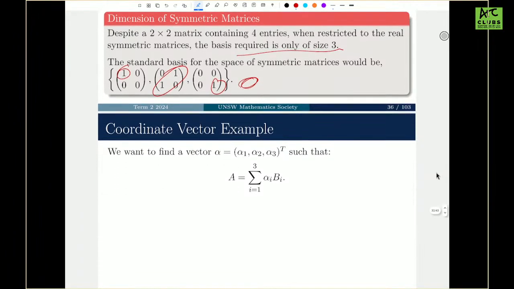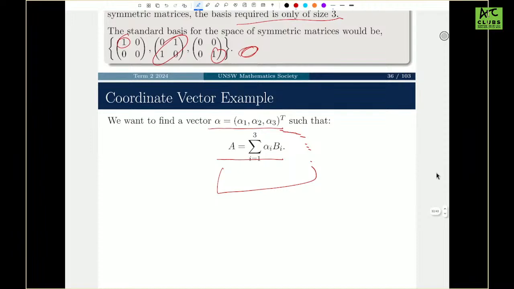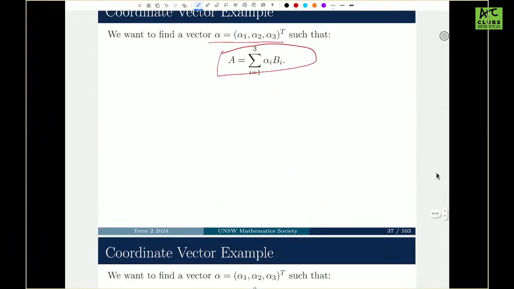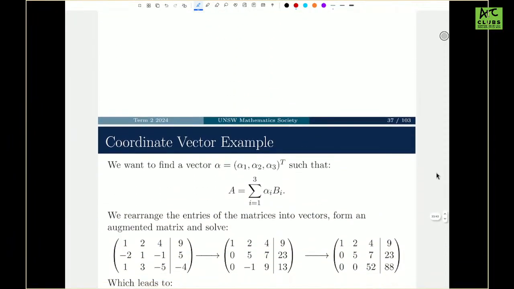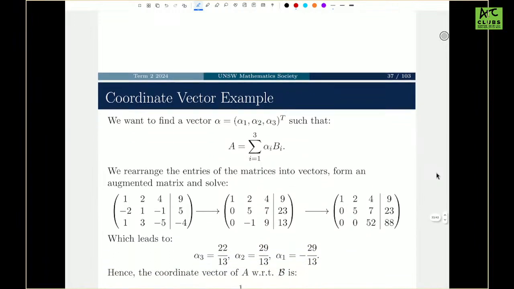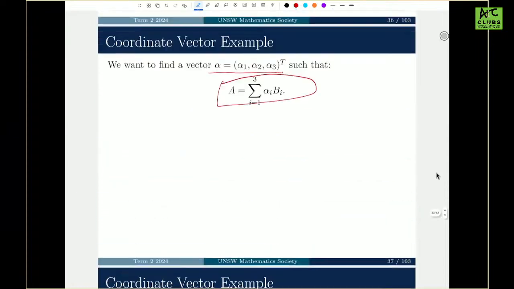Okay, so what we're really just looking for is a vector alpha such that this holds. So what we can do is make the matrices into vectors. I'll show an example of that.